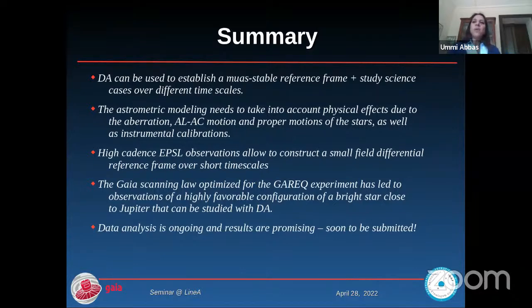Garrick was the only targeted observation carried out by Gaia, because they had it in mind even at the beginning of the Gaia commissioning phase and during the conception of the experiment. So this goes back quite a bit.